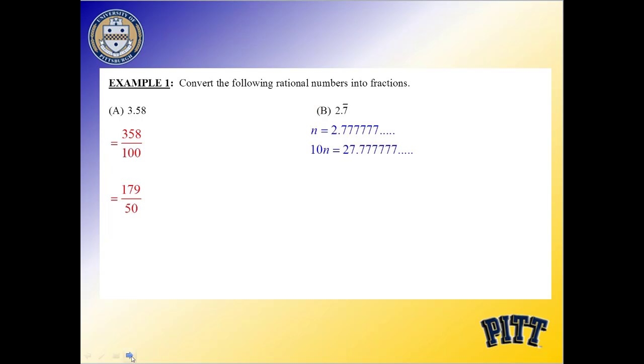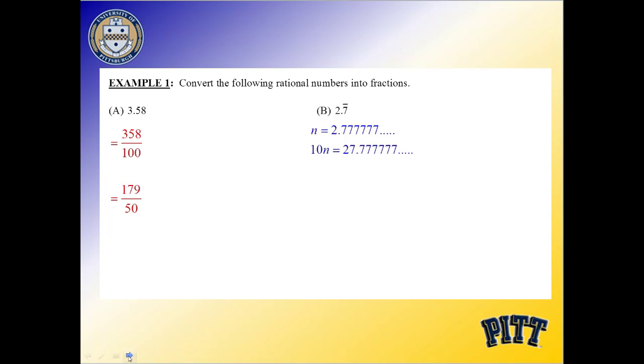Me getting one of those 7s moved to the left side of the decimal place does not mean I have fewer 7s to the right. I have just as many 7s to the right now as I did before. That's something that sometimes, when students try to think about it too much, it blows their mind. But the idea was to make sure that I got two numbers that had the exact same repeating pattern to the right of the decimal point, which I now have.